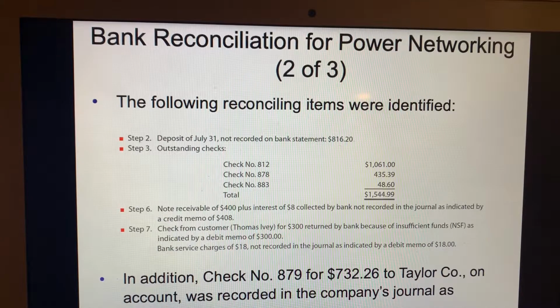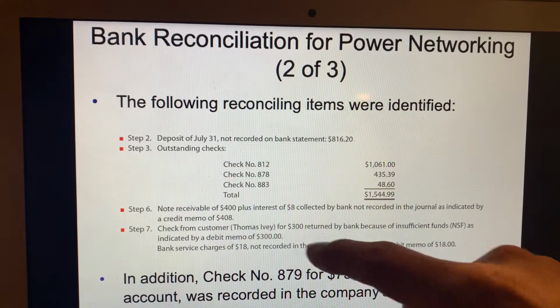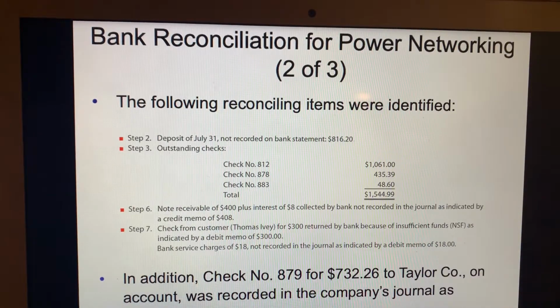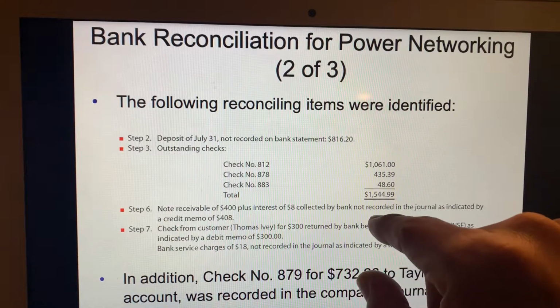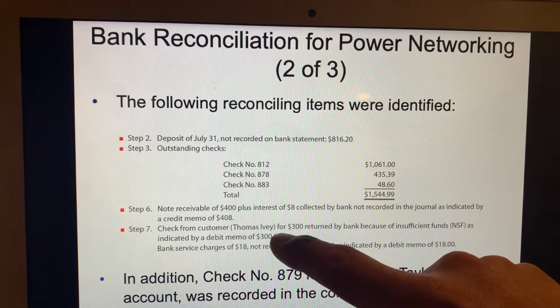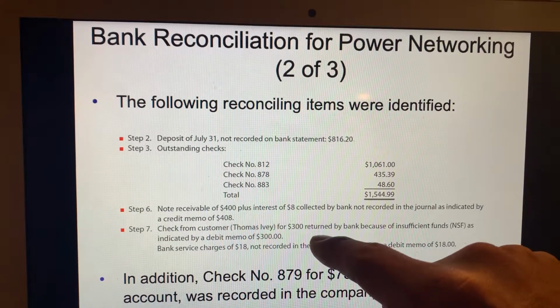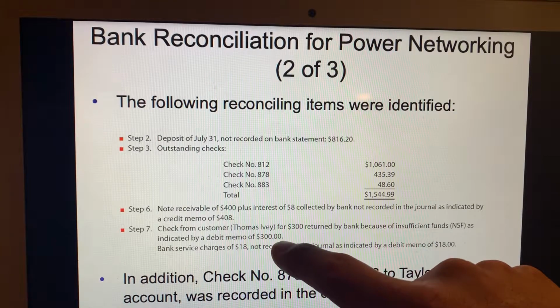Okay, so our deposit not recorded by the bank was $816. Note receivable, $400 plus interest of $8 collected by bank, not recorded in the journal as indicated by credit memo, $408. Customer check of $300 returned by bank because of NSF, insufficient funds, as indicated by debit memo of $300.